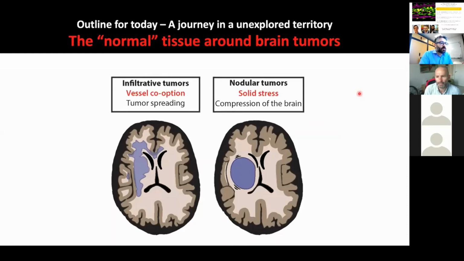I'm going to talk about two stories, both about an unexplored territory, the normal tissue around the brain tumor. We are following the same topic of glioblastoma, but I will also talk about brain metastasis, very slightly.